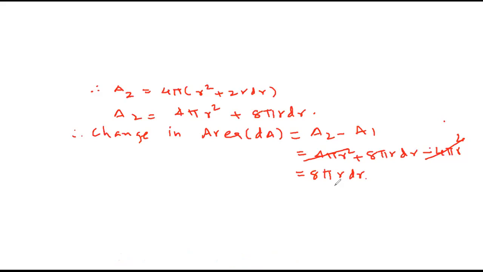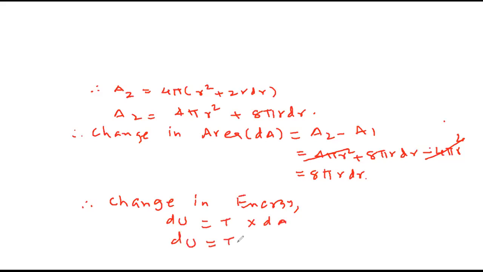Is it completed till this? Just wait so that I can conclude. Therefore, the change in energy dU is T into dA. So we get dU equals T into 8 pi r dr. Let this be equation 1.